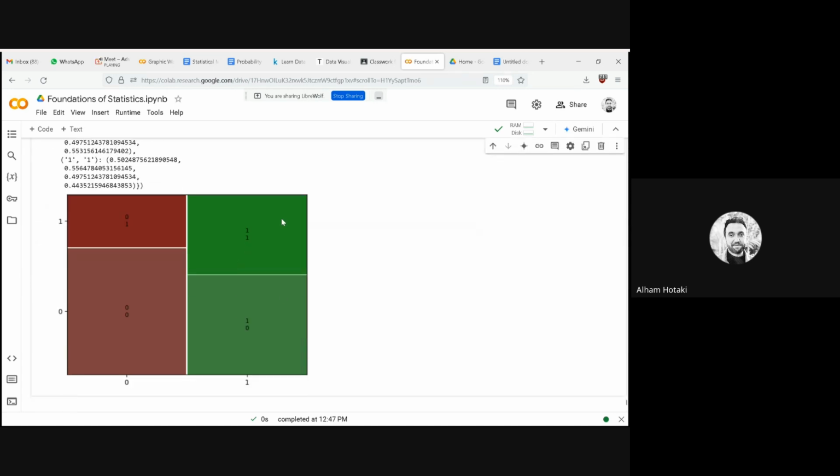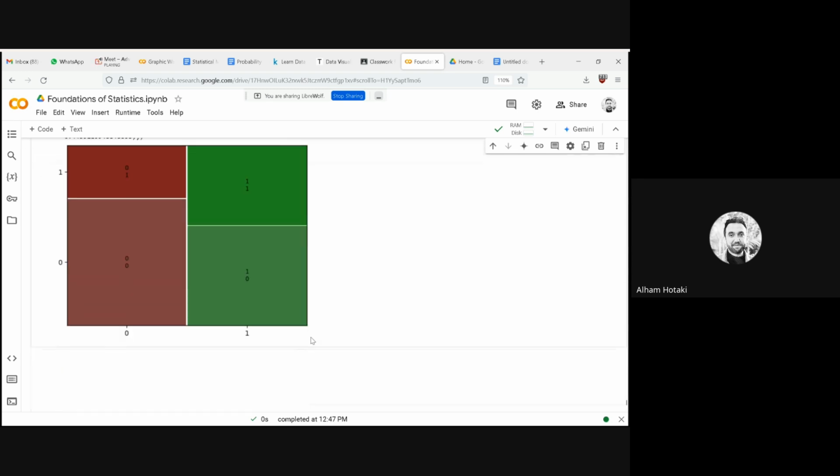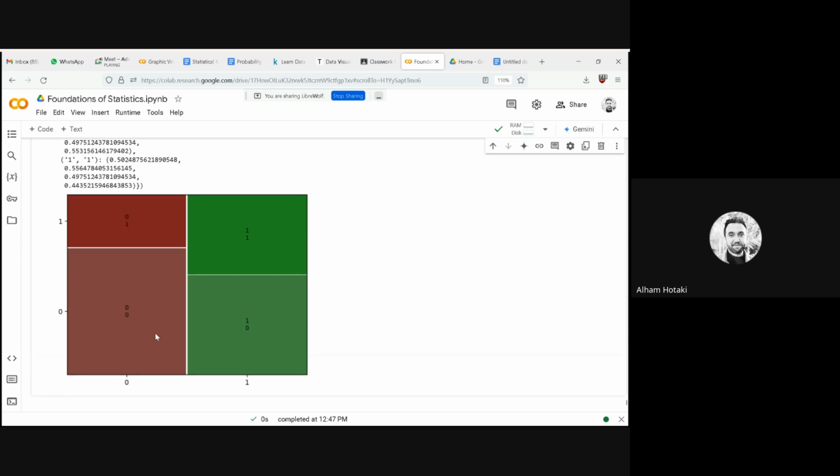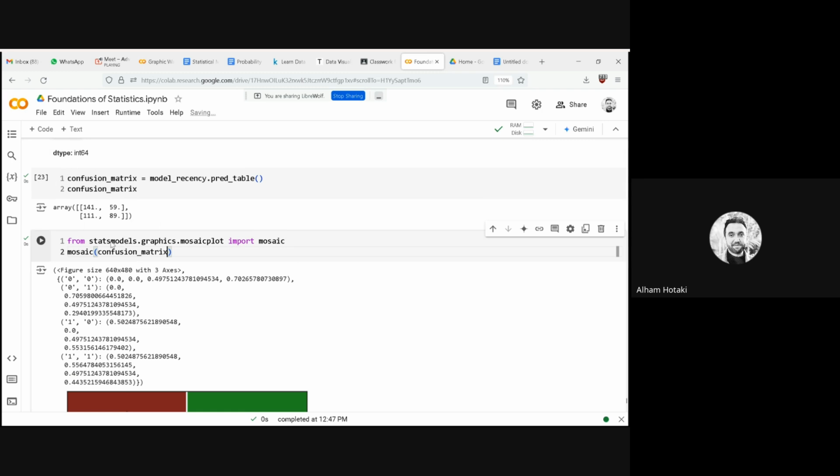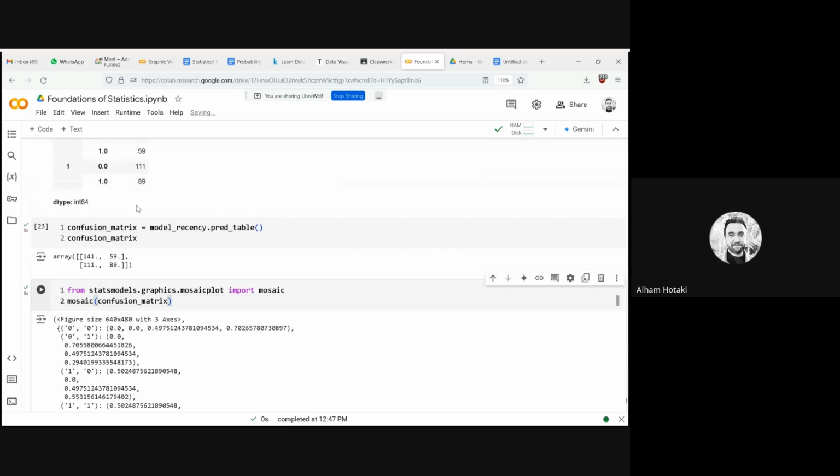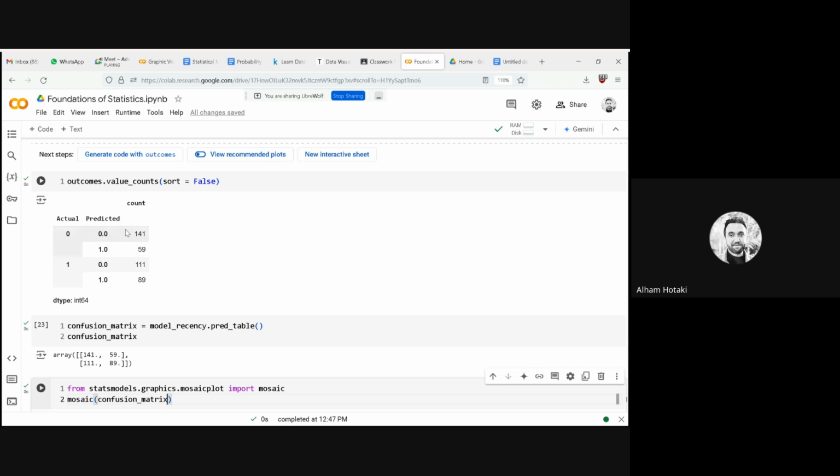So this is now called a confusion matrix, just to understand. This is the actual responses and this is the predicted ones. This is the actual response, this is the X side, and this is the predicted one. So for the actual response, which is 0.